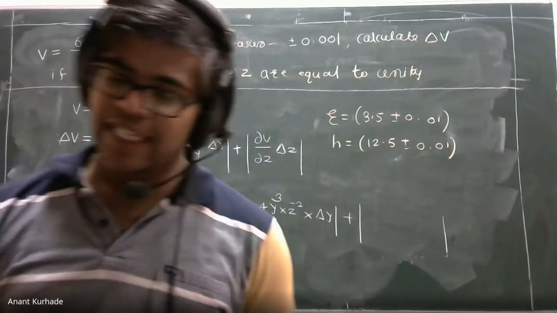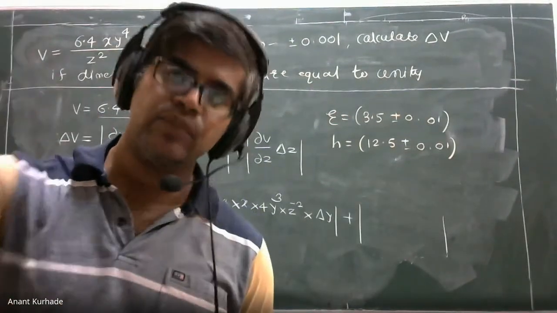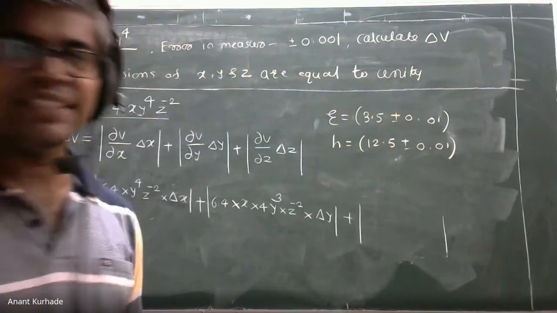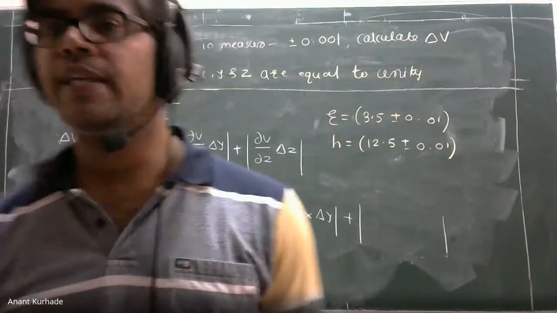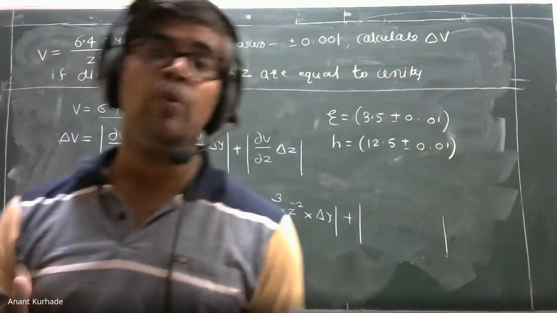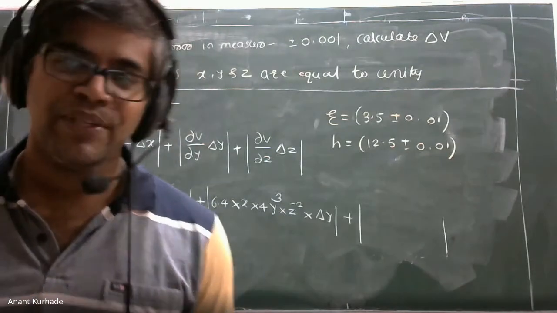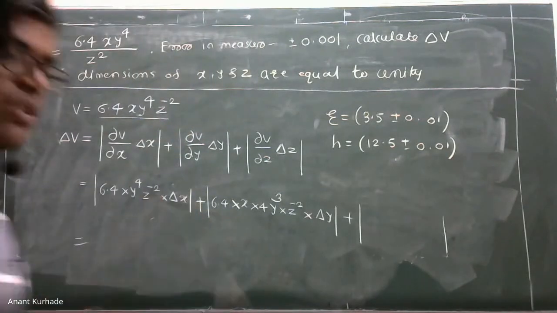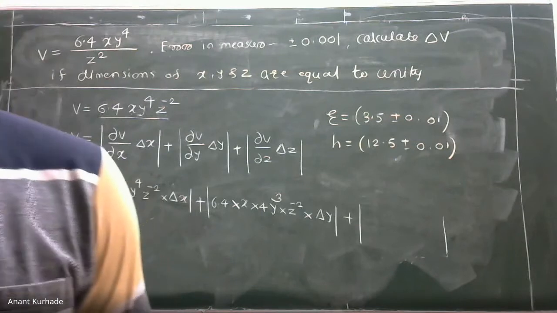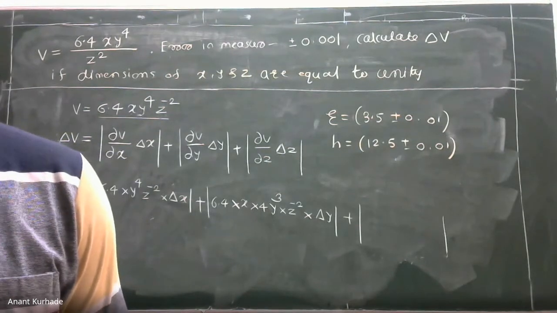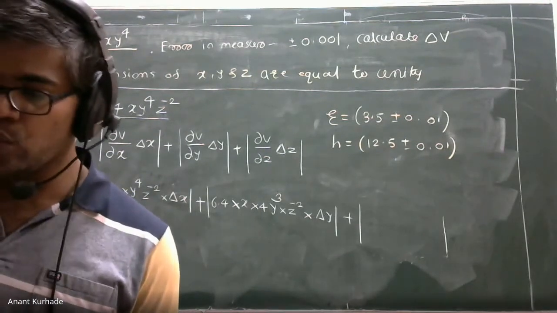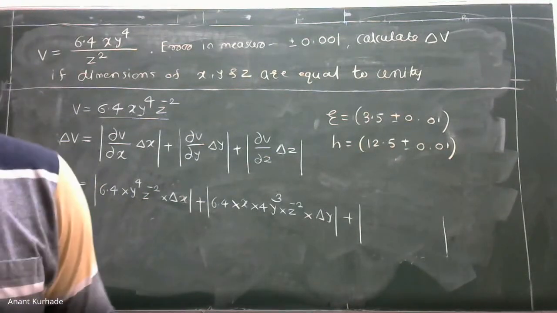So at last, for delta V write down unit raised to 3. Don't leave it as it is. Don't write meter cube, kilometer cube, or centimeter cube. Just write unit raised to 3 because it is a volume. What is the answer? Delta V equal to, hello.